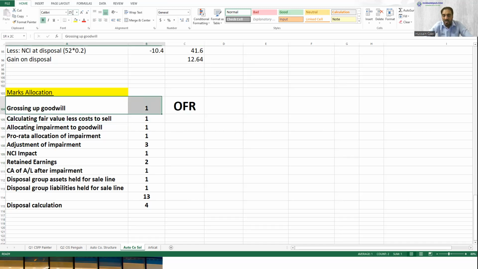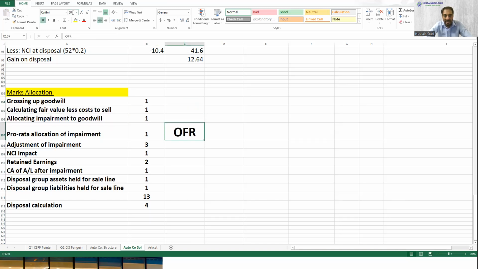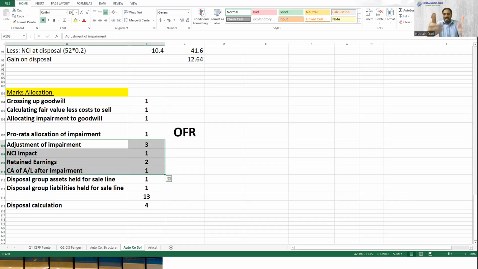Same, for example, if you have done the grossing up right, first step right, second right, third right, but some mistake you have done here, in the pro rata allocation. So 1, 2, 3, that's right. The examiner will give you the mark, and they will assume the figure, called own figure rule, and then move on to the rest of the parts.